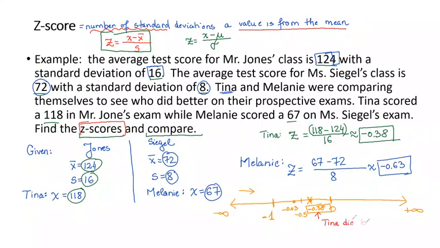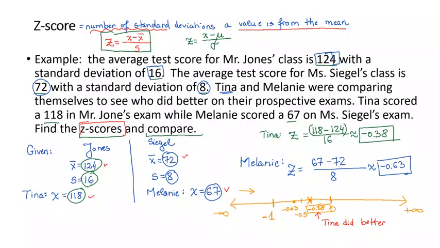Just keep in mind, when you look at these results in a class and you compare Tina with the rest of the class, Tina did worse than the average score. Well, actually the same thing happens with Melanie. Melanie's score is less than the average, so she did worse too. So how do we compare later?